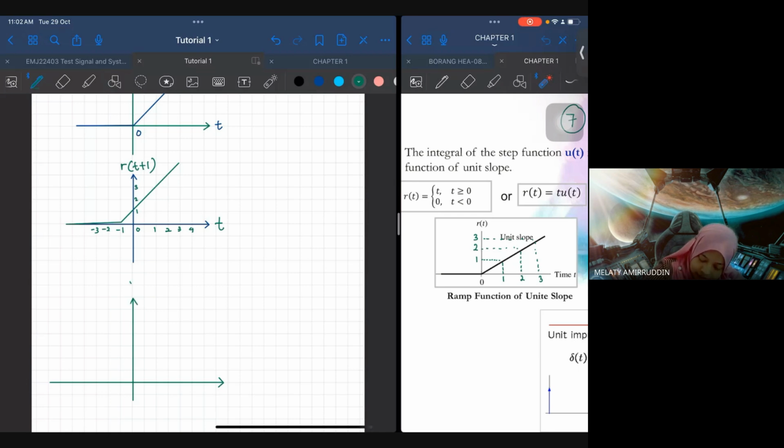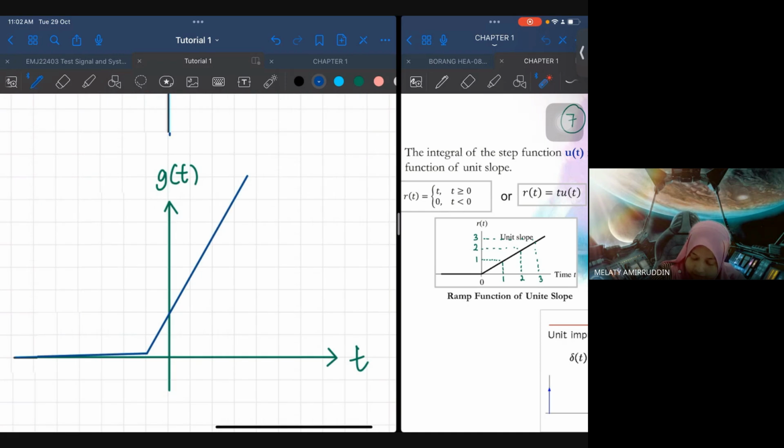This is the GT signal. Start from 0. And then it becomes like this. 5, 10, 15 until infinity.